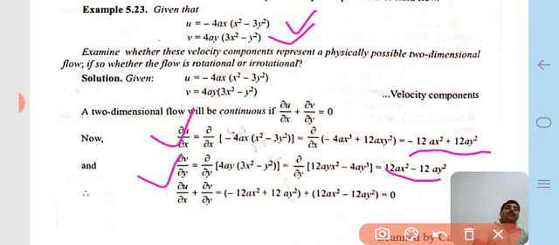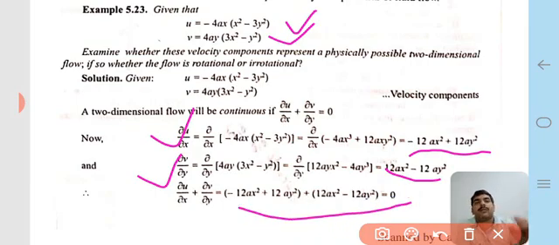Now putting the values of del u upon del x and del v upon del y in the continuity equation for two-dimensional flow, the sum comes out to zero.